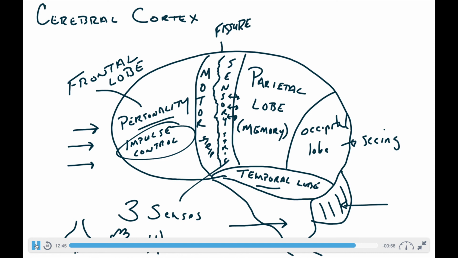If you ask somebody to talk, but then they're telling you about a memory that they had, well, maybe this part starts to light up a little bit in there. So you've got all kinds of different ways that these parts of the brain are going to work together to give you the higher functions that are so important in the brain.